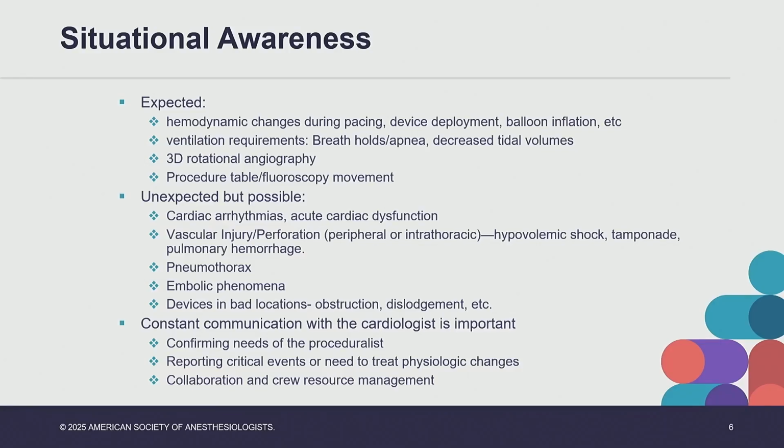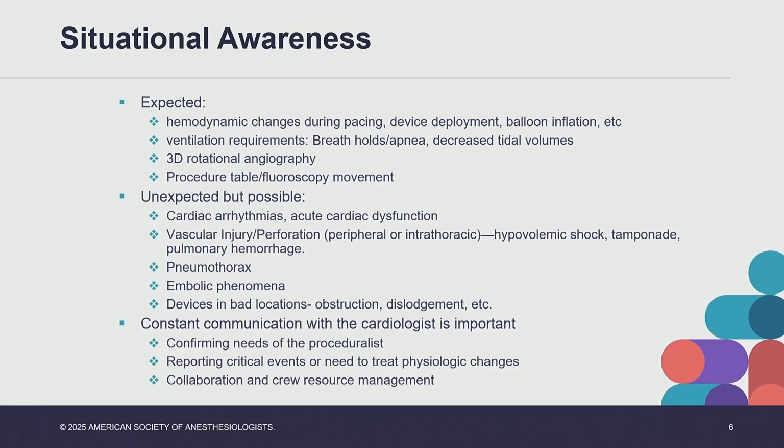Some unexpected but possible situations are an unanticipated cardiac arrhythmia or acute cardiac dysfunction during a procedure. There can be a vascular injury or perforation, and that can be both at the access site, or it could be a right atrial injury or a pulmonary hemorrhage during a procedure. So you have to be prepared to manage that patient. I have yet to see this, but a pneumothorax is always possible.